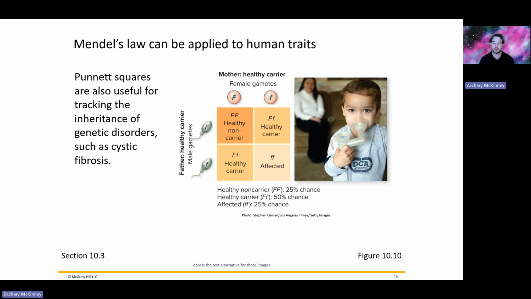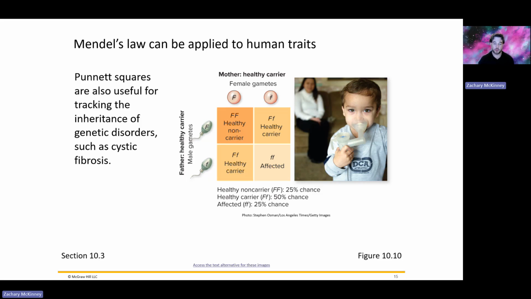One dominant allele is enough to make that protein and you'll be perfectly fine. However, you're a carrier for it. So if your partner is also a carrier, there's a 25% chance that your child would be affected. There is a 50% chance that your children would be healthy but carry the disease as well. And there's a 25% chance that they would be completely unaffected, a healthy non-carrier.